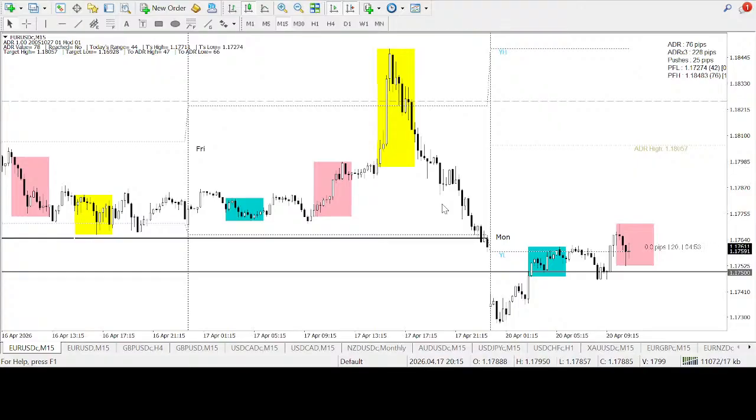So the first three hours of the Asian session from 3 a.m., 3 hours from 10 a.m., and then 3 hours from 3 p.m. Only those 12 candle windows are the ones that I have highlighted. These ones here are for the Asian, these ones here are London, and these ones here are New York.